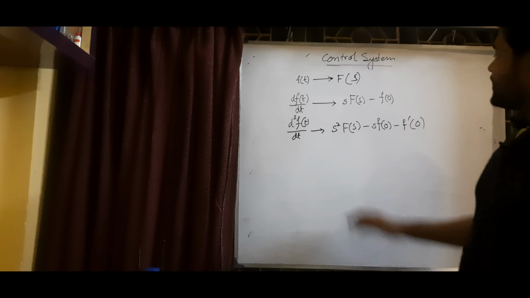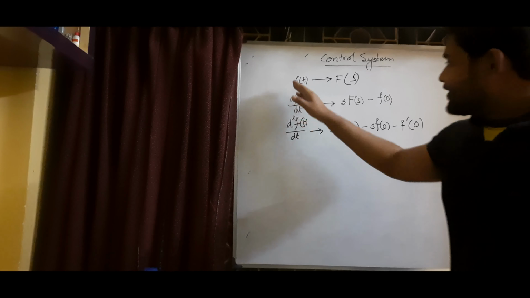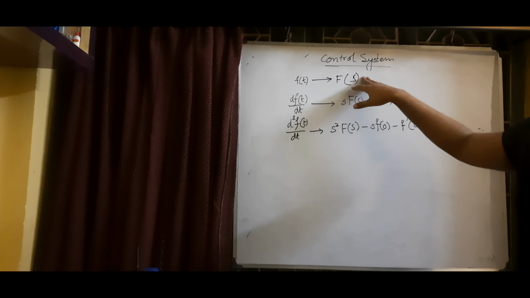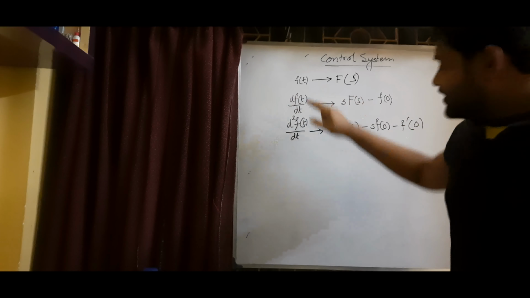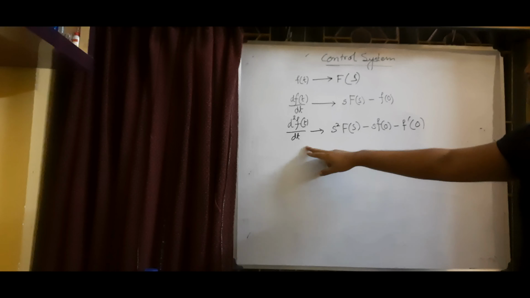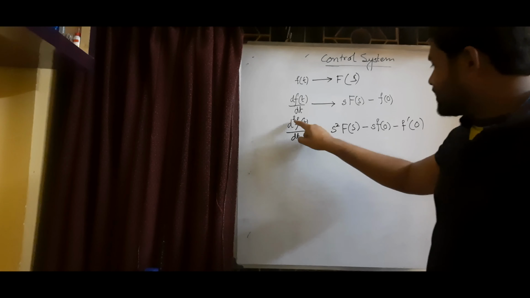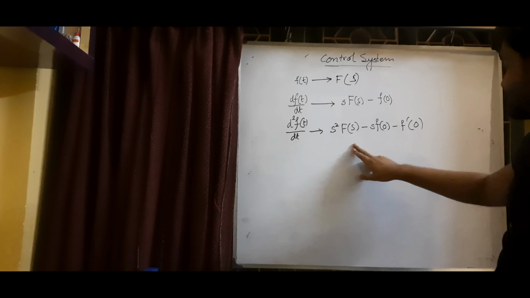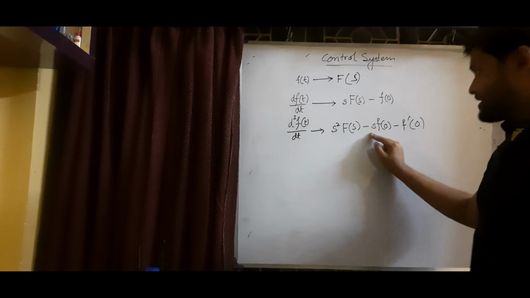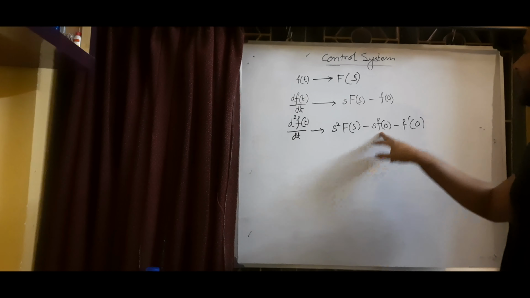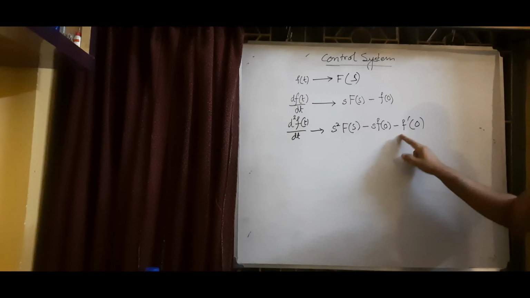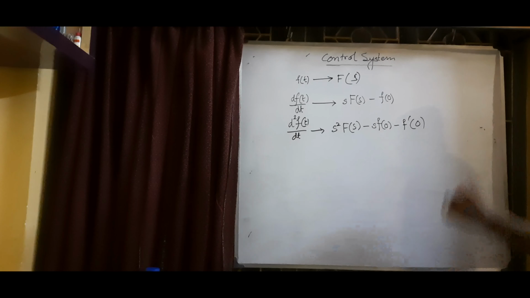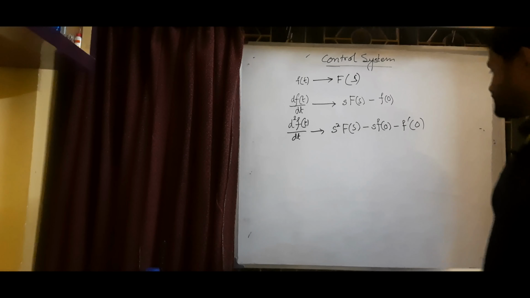Now what is this? If this function is resulting this F(s) in Laplace domain, then the double differentiation of f(t) will result in s squared multiplied by the function in Laplace domain, minus s into the initial value of the function, minus the rate of change of initial value at the time t equals to 0.